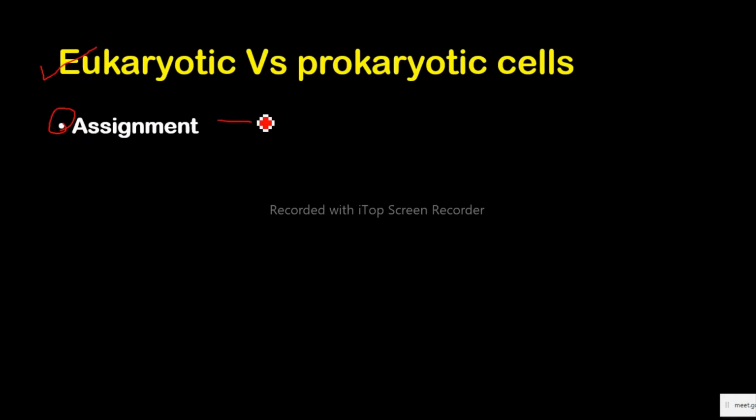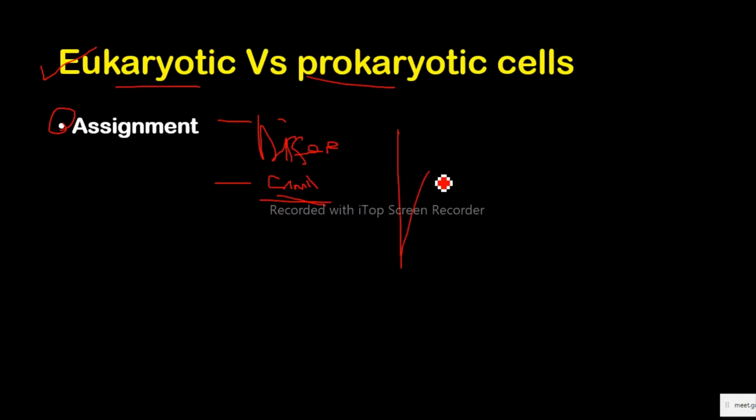And with comparison, I mean, can you give enough differences and enough similarities? Are you able? So this is another assignment that you're going to do. I want you to compare for me a eukaryotic and a prokaryotic cell. Give at least 10 differences and at least 10 similarities.